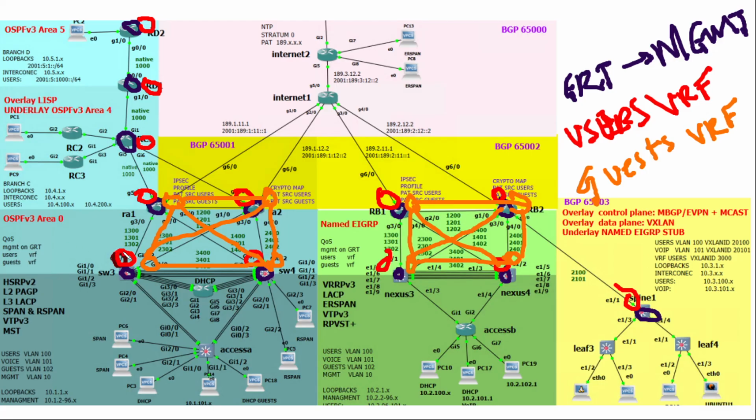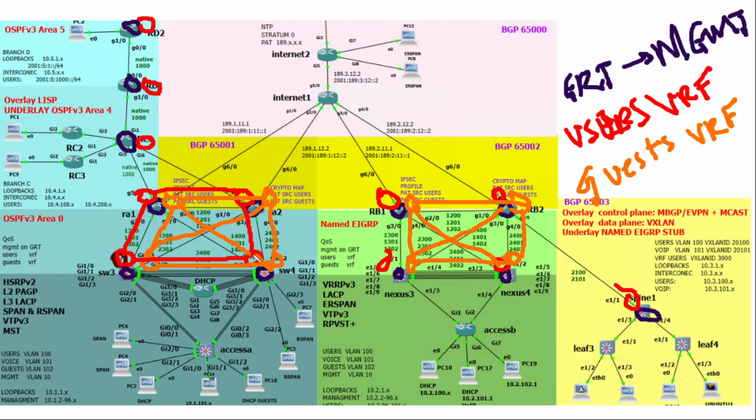So in order to communicate this VRF here with this other VRF here, we are going to use a particular 802.1Q VLAN in this link. The same for this, another 802.1Q VLAN in this link, a different 802.1Q VLAN in this link to communicate these two VRFs.